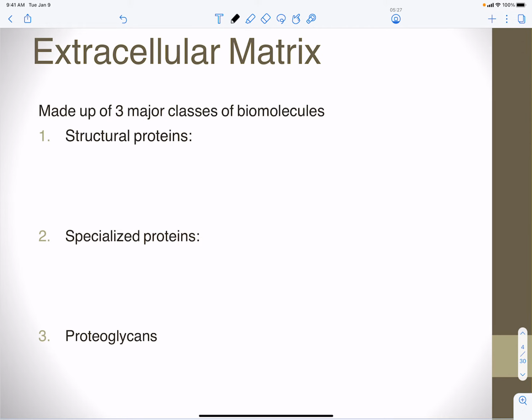So the extracellular matrix is going to be made up of three major classes of biomolecules. And these three major classes are going to be your structural proteins, which are going to be the collagen, fibrillin, and elastin. And then we're going to have specialized proteins such as fibronectin, laminins, and integrins.